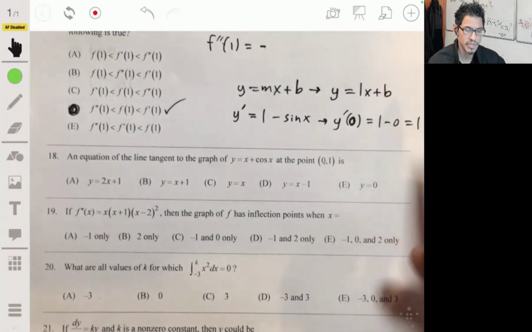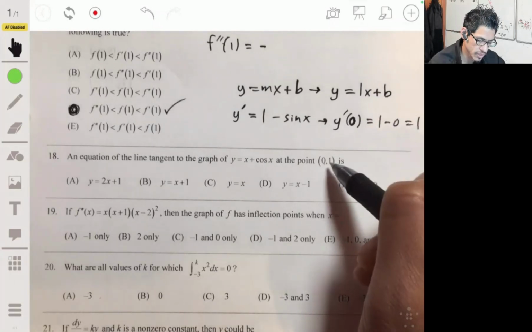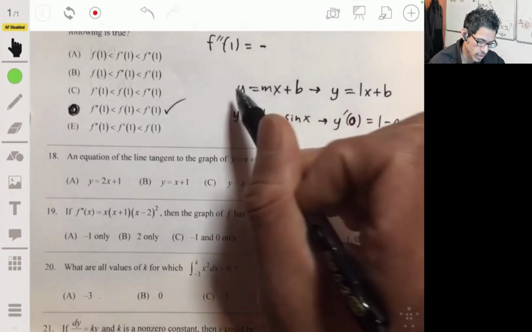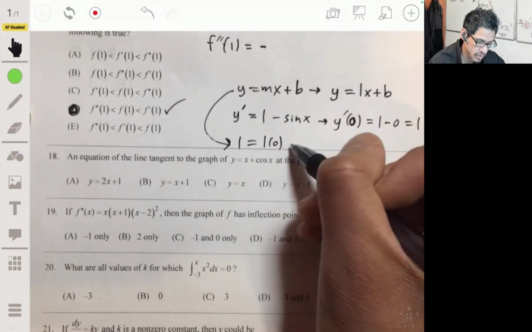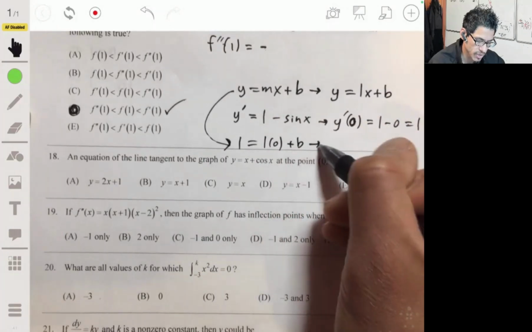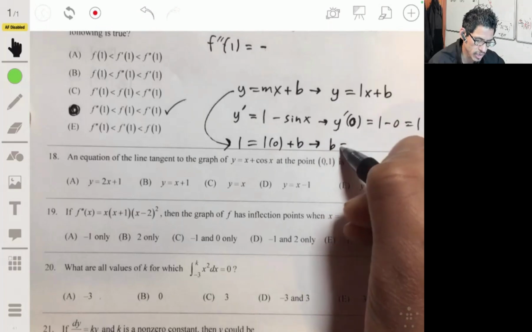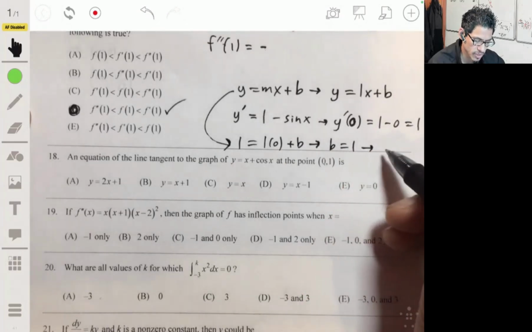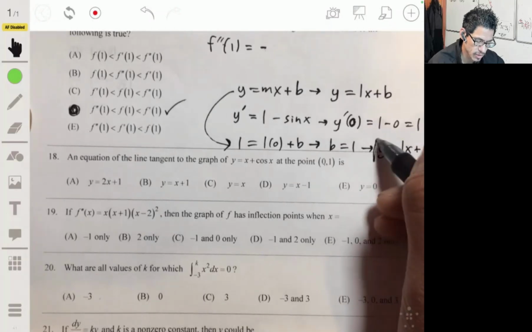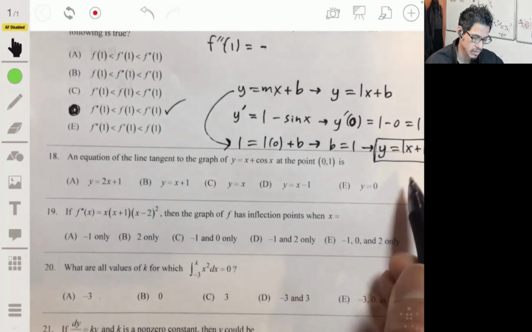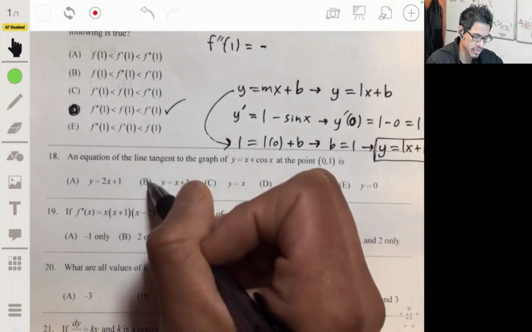Now we solve for b by knowing that it goes through the point (0, 1). Plugging 1 in for y and 0 in for x, b is just going to be 1. Then our equation will be y equals 1x plus 1. And so the answer is going to be B.